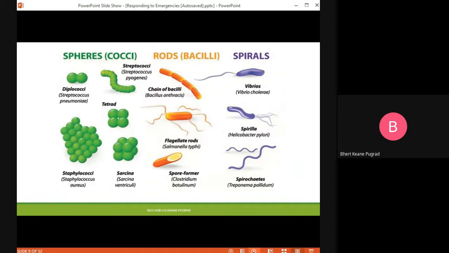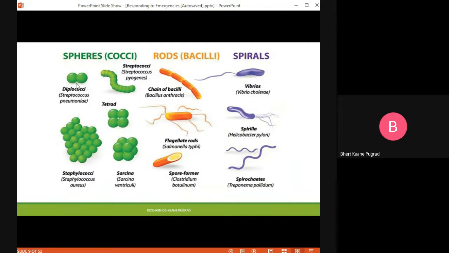Okay. So, bacteria are named based on their morphological structure. Yung sinabi ko nga kanina, yung morphological structure, ito yung kanilang shape. Okay, paano ba yung structure nila? So, like for example, kapag dalawa yan, okay, diplococci.